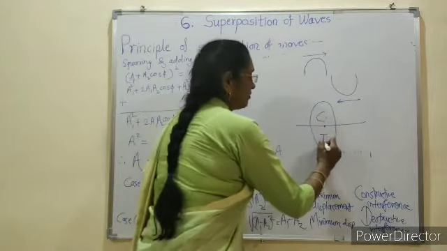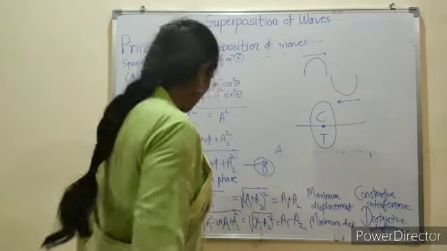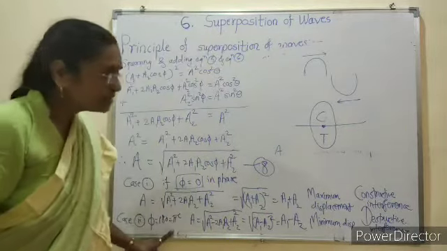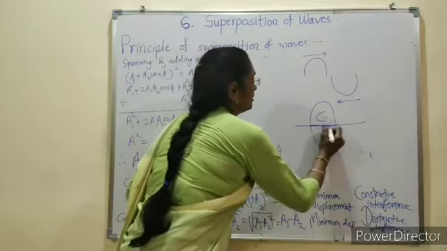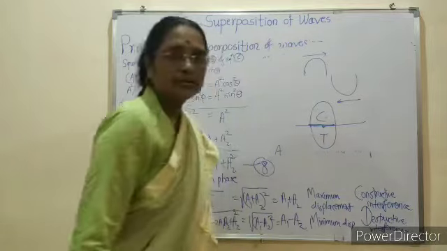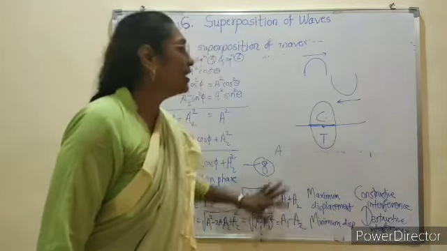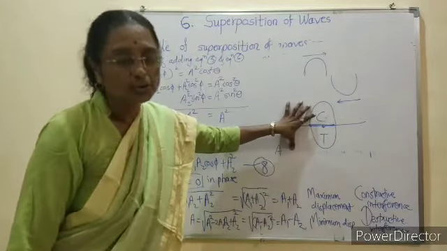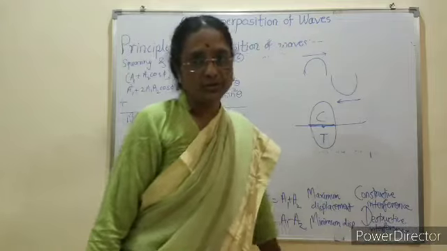Crest and trough both are arriving at this point. They are out of phase. They produce the minimum displacement here. The resultant displacement is minimum, and the effect produced is called destructive interference.